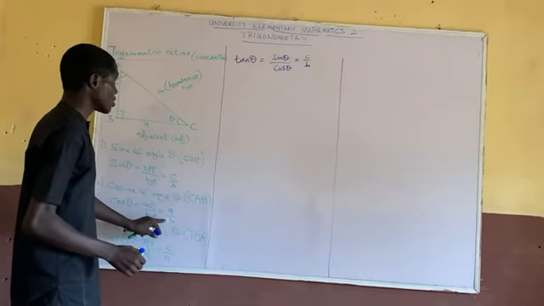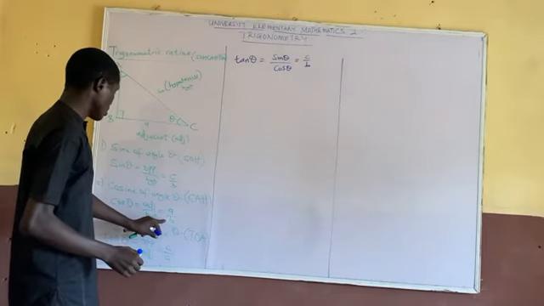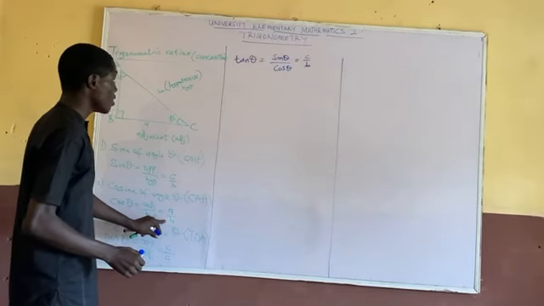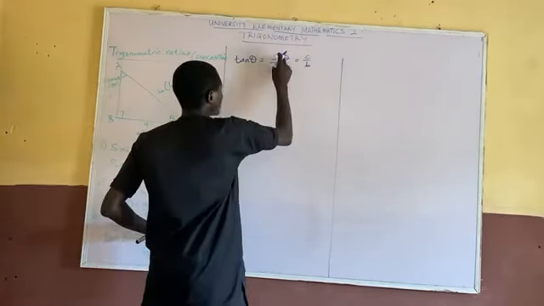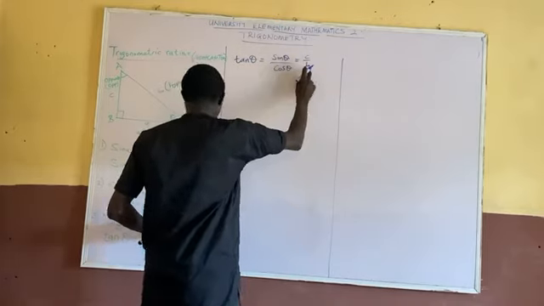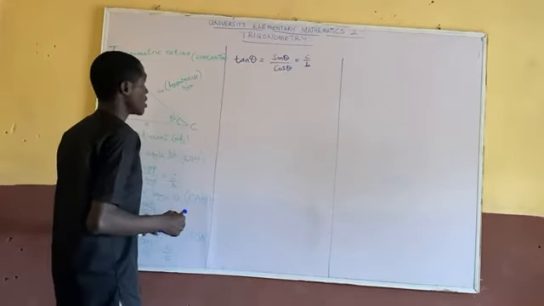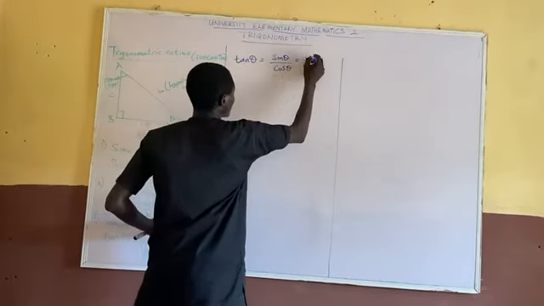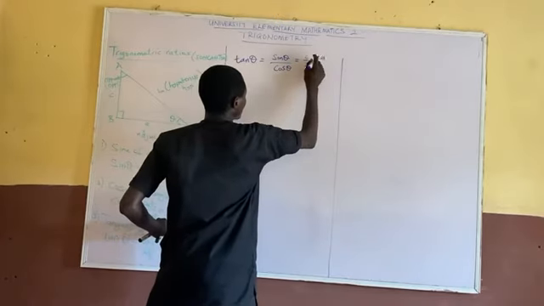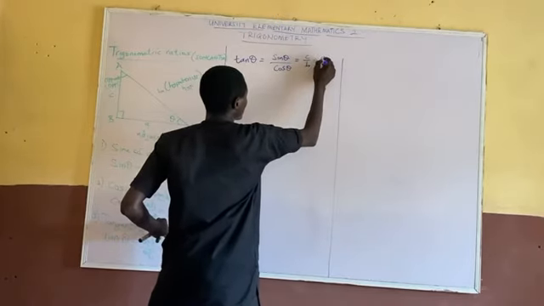So sin theta here, which is C over B, divided by your cos theta, which is A over B. Just use the division sign here.